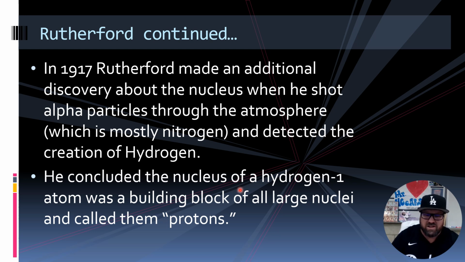What he found was that the nuclei of a hydrogen-1 atom was actually a component that was being stacked together to build larger nuclei of things like nitrogen and oxygen atoms, and he came up with a term for these. He called these pieces protons. So Rutherford in 1917 went further on to discover protons with this experiment.